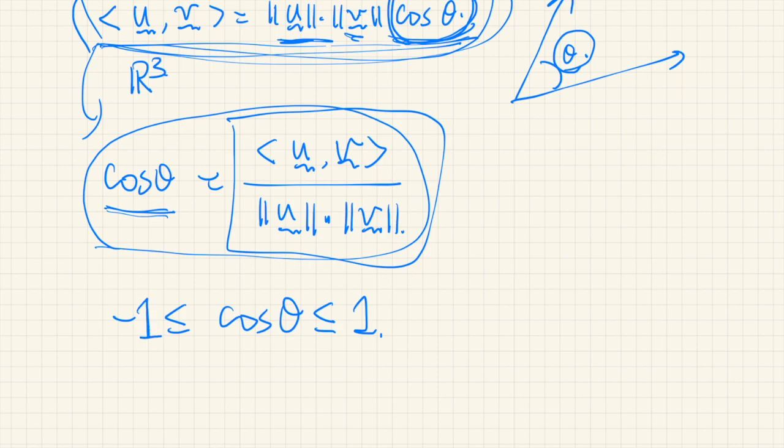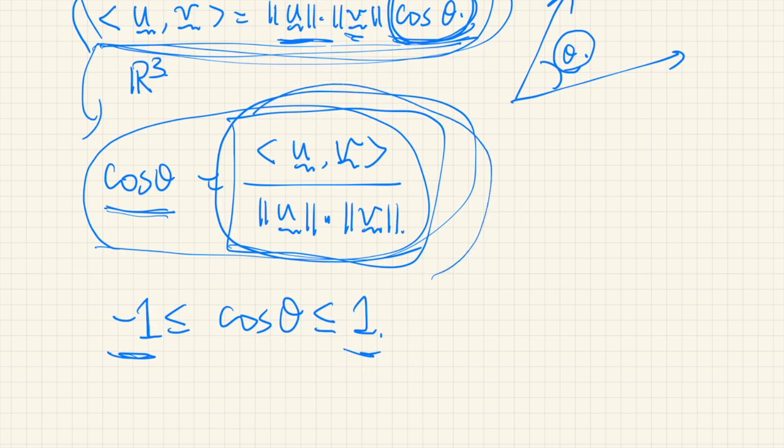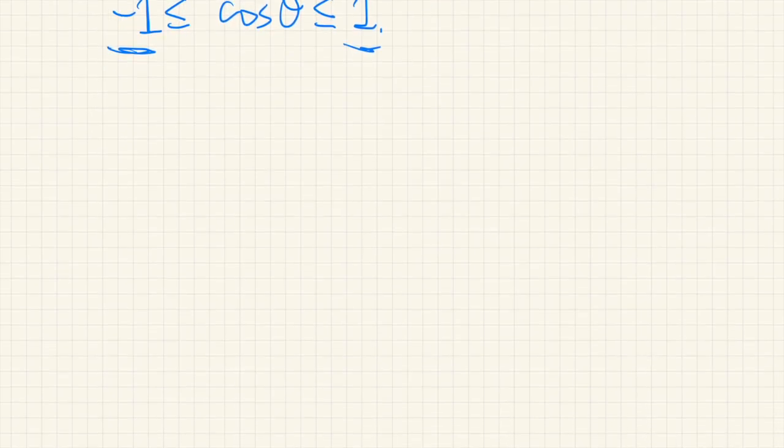So that means this right-hand side should be bounded between -1 and +1, and that we should prove now. And if that's proven, then it's okay to use this quantity to define an angle in terms of the cosine function. So now we prove this famous inequality called the Cauchy-Schwarz inequality.